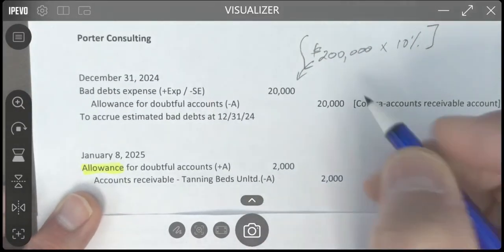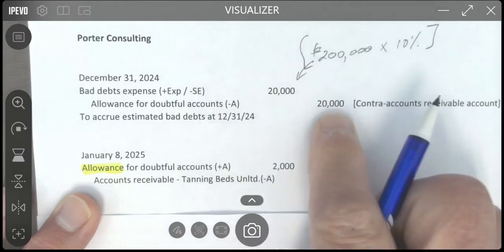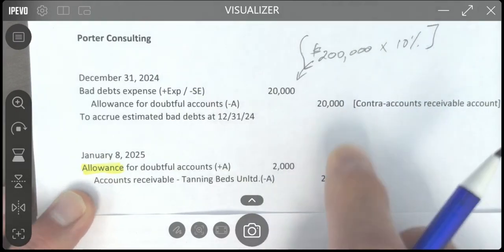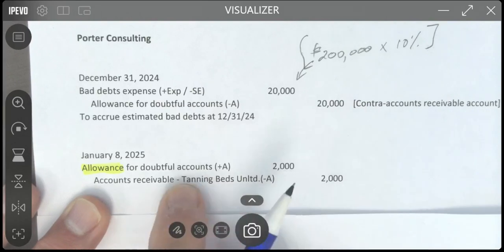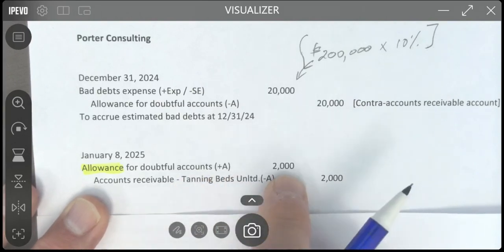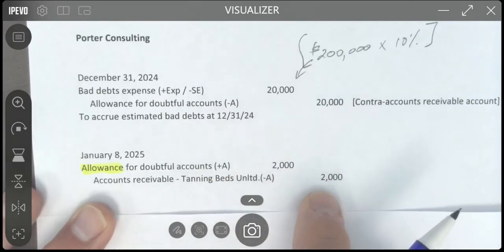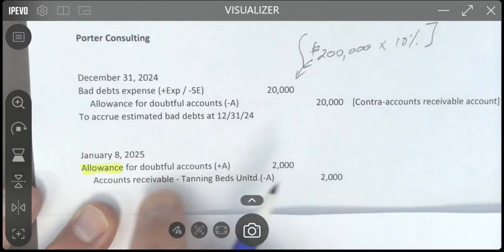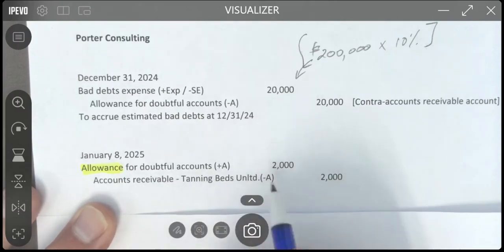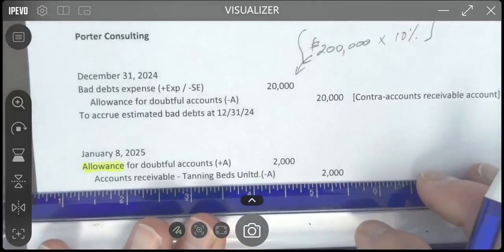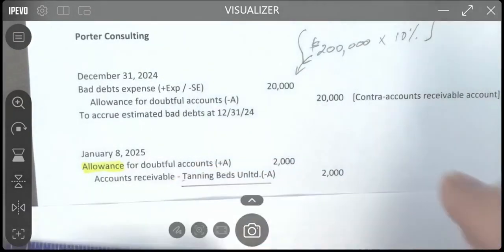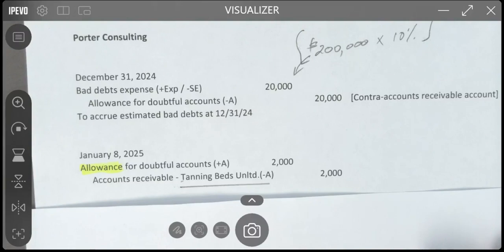So this no longer has to be a contra accounts receivable, because now we can actually write off the account itself. So we zero out the contra accounts receivable and we reduce the accounts receivable associated with this particular customer, Tanning Beds Unlimited.